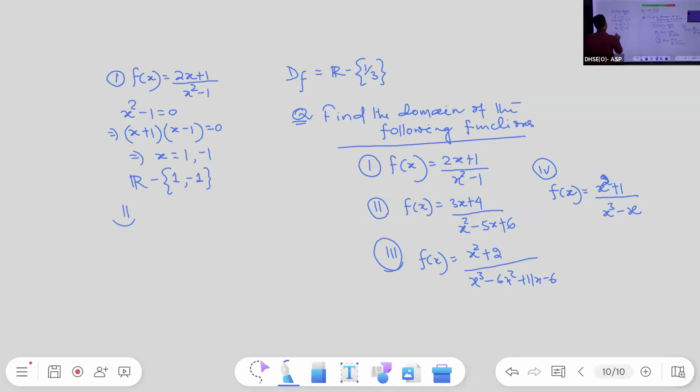Then question number 2, f of x is equal to 3x plus 4 upon x square minus 5x plus 6. x square minus 5x plus 6 is equal to 0.